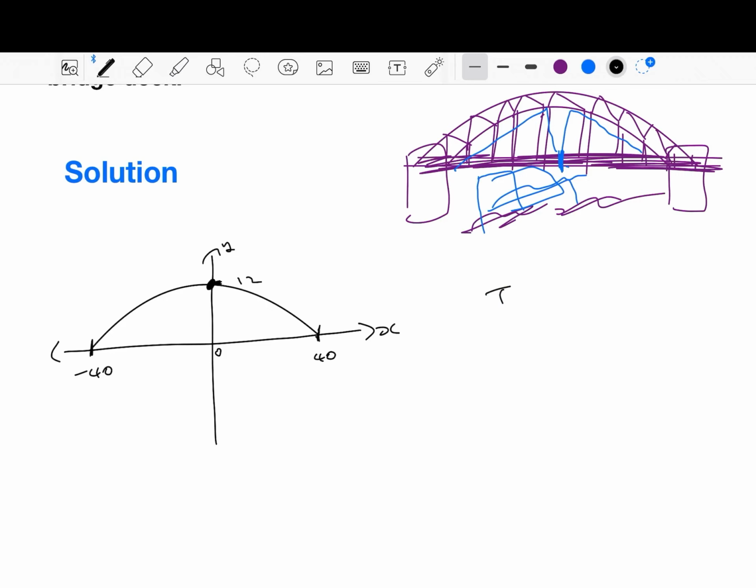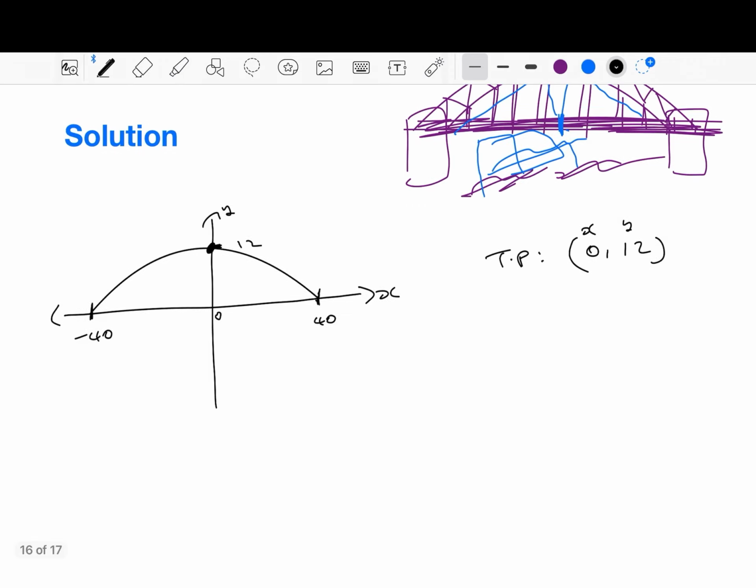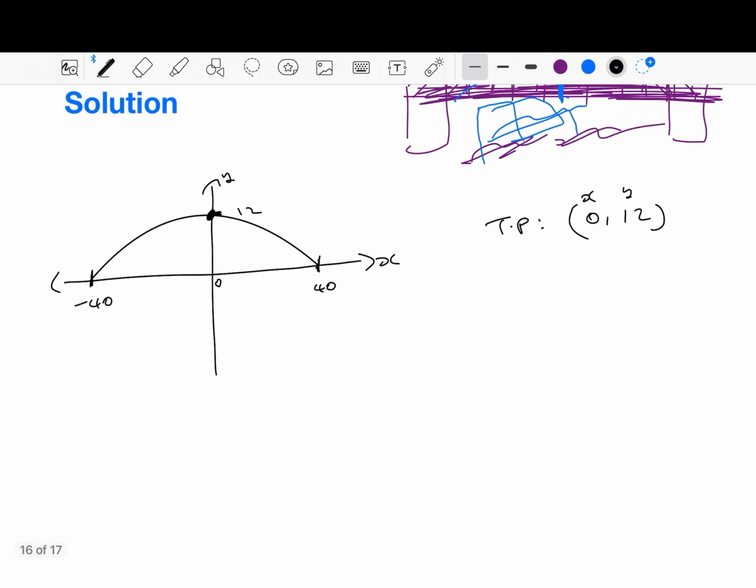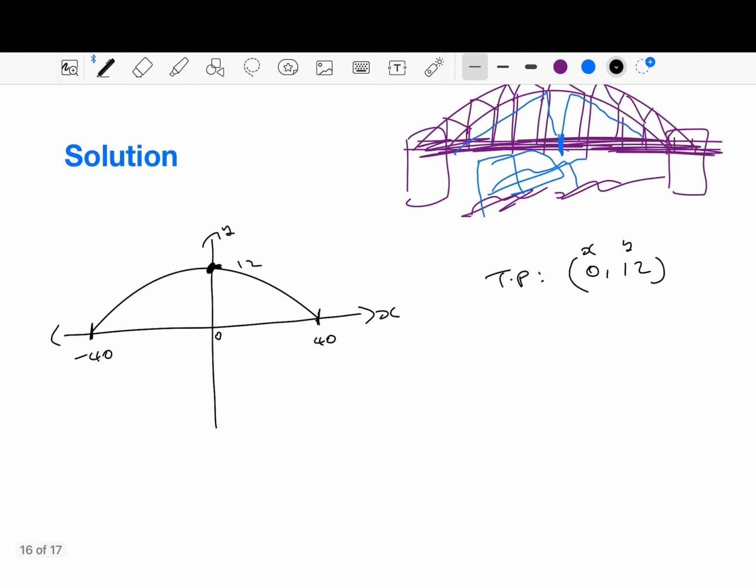The turning point here is just (0, 12). The x value is 0 and the y value is 12, because that's where this bridge turns. And also, by the way, as you can see, this is a y-intercept.